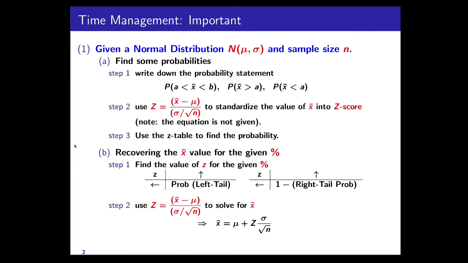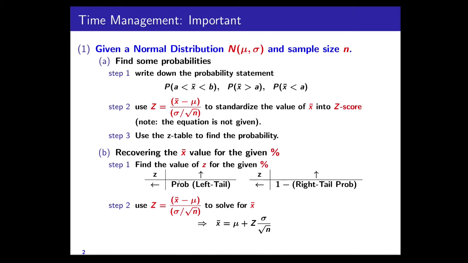B, recovering the X bar value for the given probability or percentage. And this is an inverse operation of A. Step number 1, we first find the value of z from the z-table for the given probability or percentage.